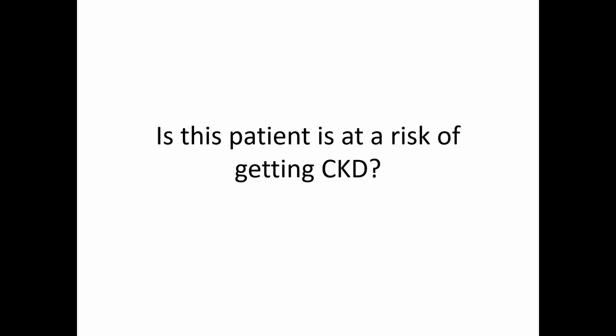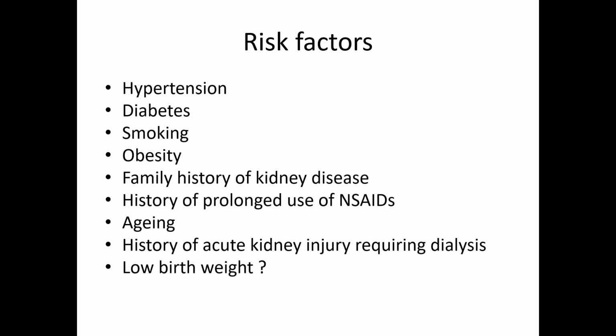So when you're going to guess or suspect that the patient is at a risk of getting chronic kidney disease, there are certain categories. Those patients who are hypertensive, diabetic, smokers, obese, those with a family history of chronic kidney disease, those having a prolonged use of the NSAIDs, painkillers, and even the aging.